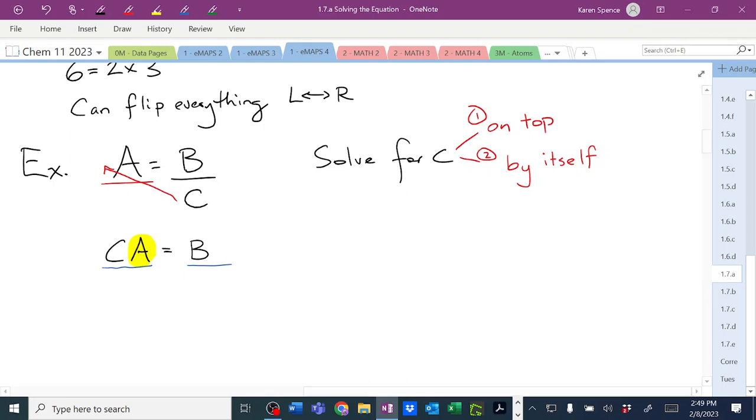So I need to get rid of the A, and I'm going to do that by moving it to the other side. I cannot move it straight across. I need to move it diagonally, which means it's going to go down into the denominator. So now we have C is equal to B over A.